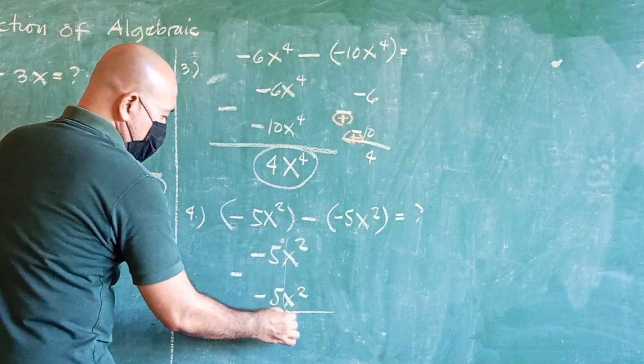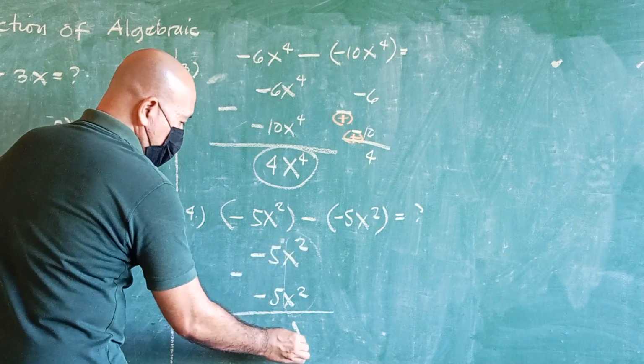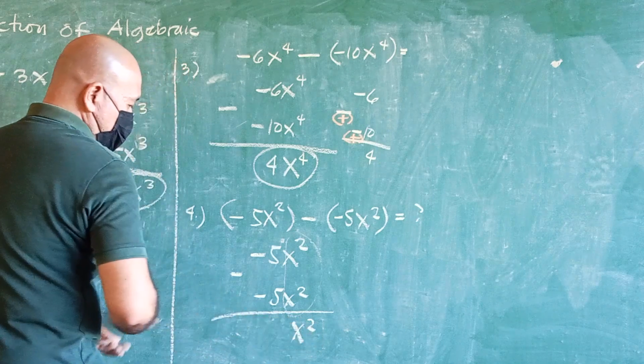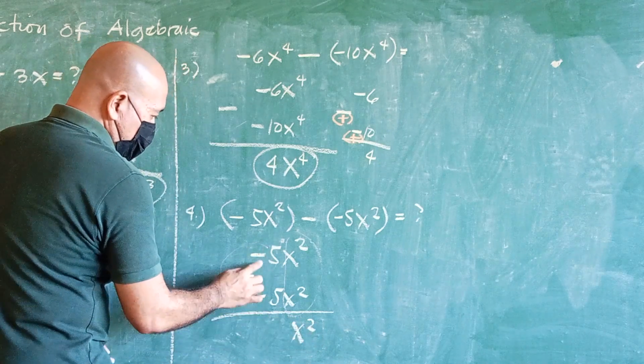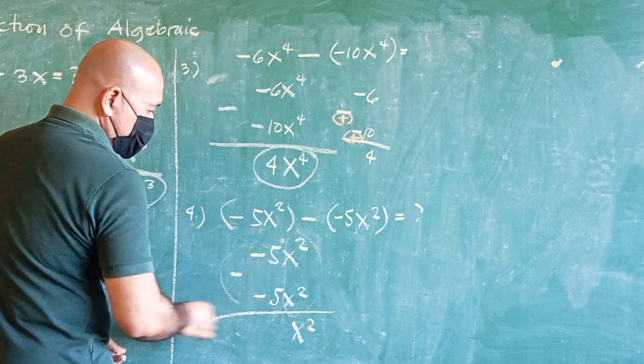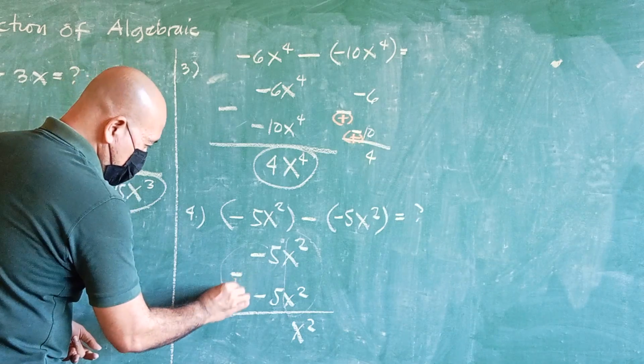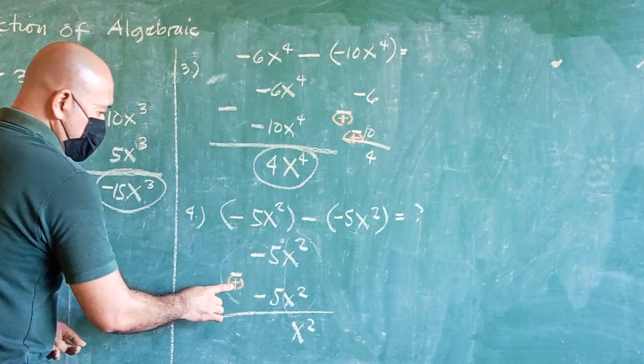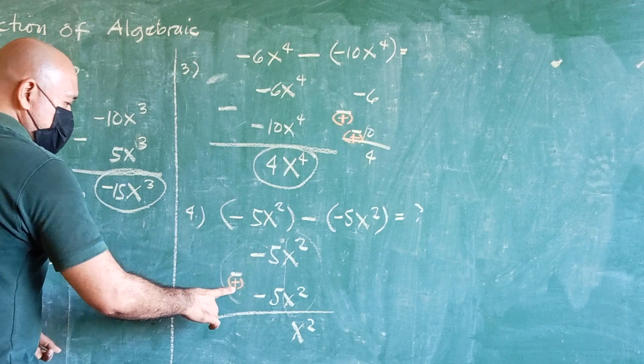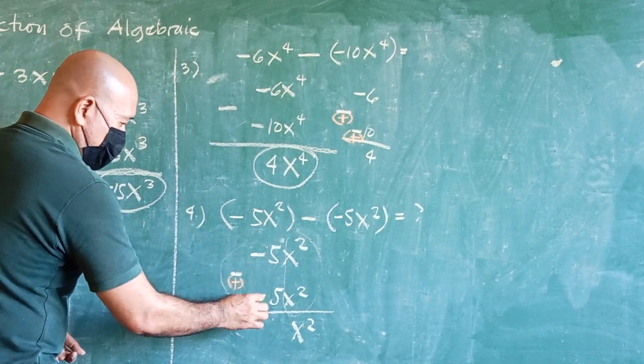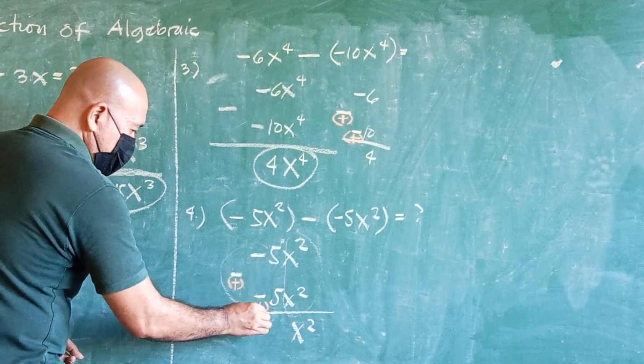So bring down the common variable and exponent, that is x squared, and it becomes negative 5 minus negative 5. So if you change the sign, the operation becomes plus, and negative becomes positive.